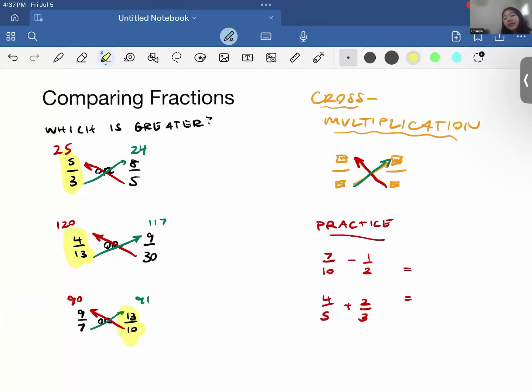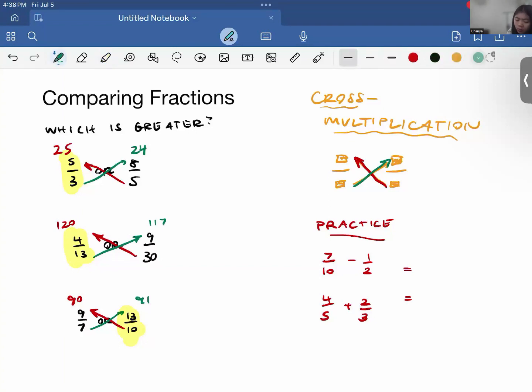Some of you might be satisfied with this approach, but other viewers might be wondering, well, why are you doing this? Why does this work? Well, I'm going to take the first problem as an example: 5 over 3 and 8 over 5, right? When we cross multiply, we're basically converting the fractions into fractions with the same denominator, right?